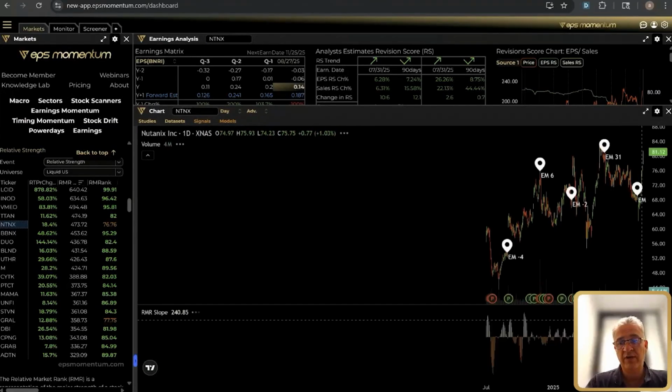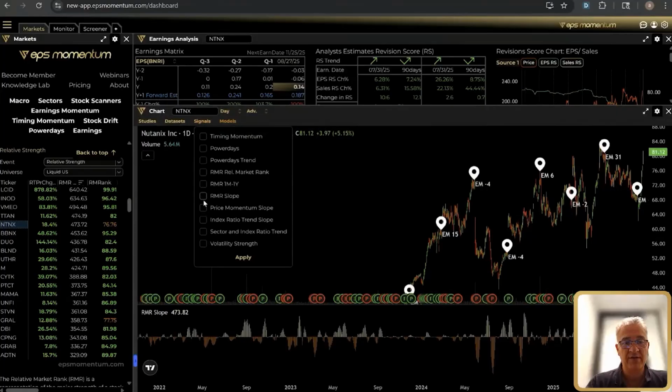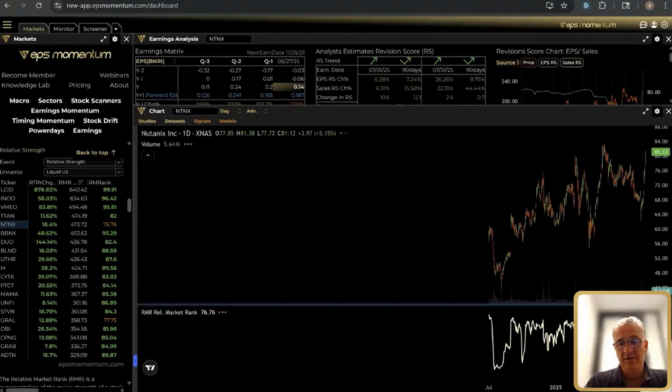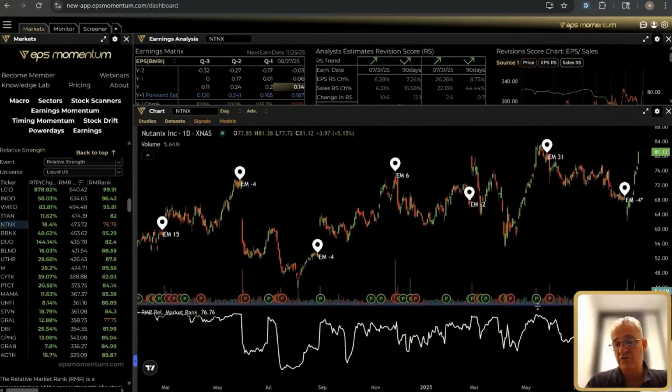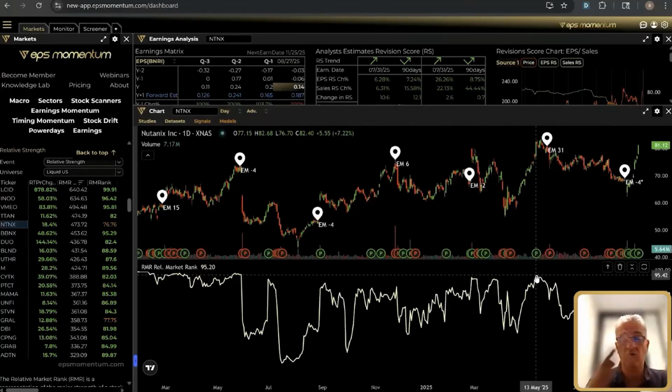Sorry, wrong one, this one, relative market rank. It's a rank, not a score, from 0 to 100, 100 being the best, 0 being the worst, and it's ranking all the stocks against the database. All the US stocks, 1 US stock against all the others.